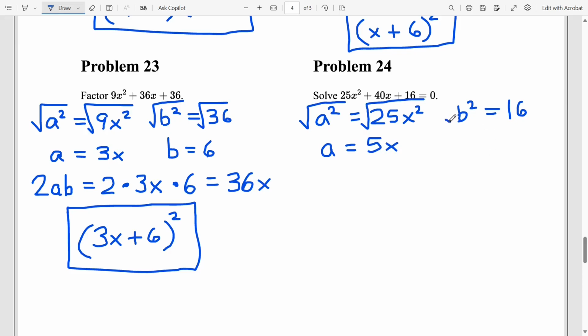To solve for b, I'm going to have to take the square root of both sides. So the square root of b squared is b, and the square root of 16 is 4. Okay, so 2ab. So again, we're checking to make sure that this is a perfect square trinomial.